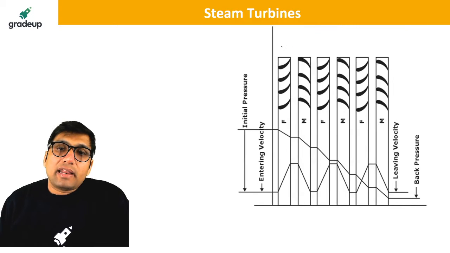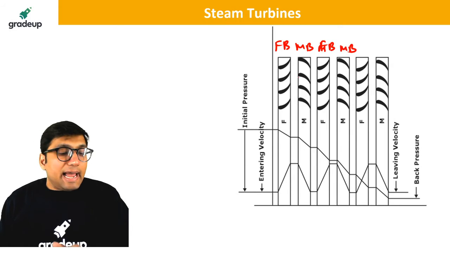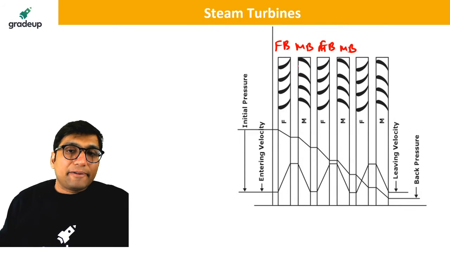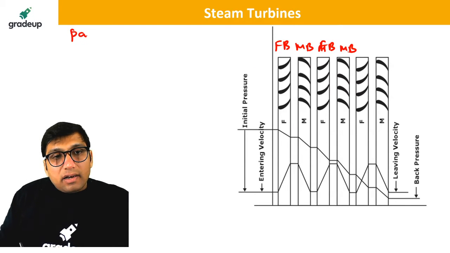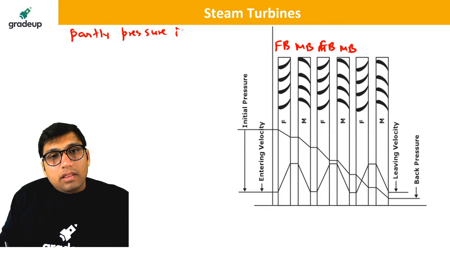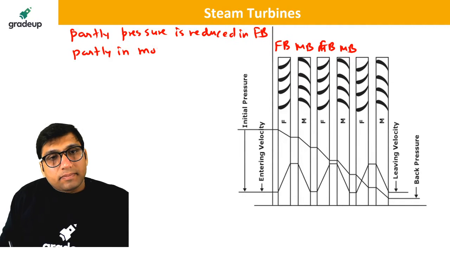Next is the reaction turbine. In the reaction turbine, we will be using fixed blade, moving blade, fixed blade, moving blade. And the good thing about the reaction turbine is that pressure is reduced partly in the fixed blade and partly in the moving blade.